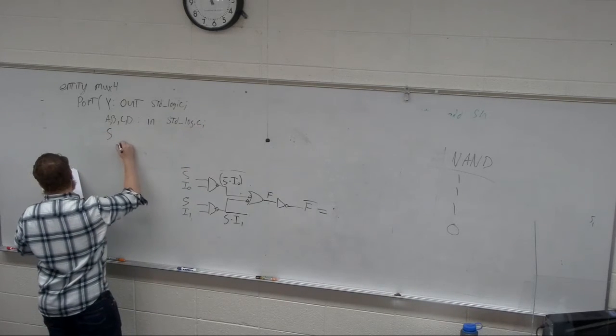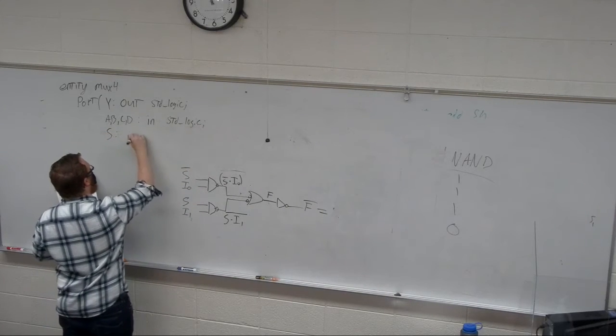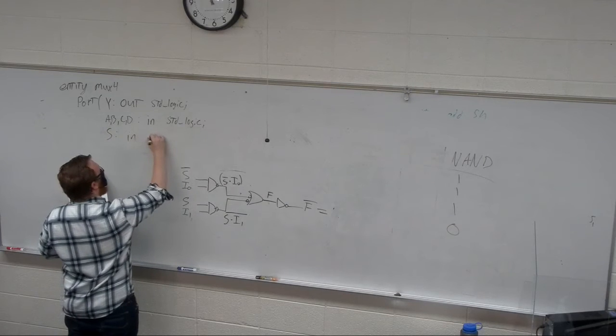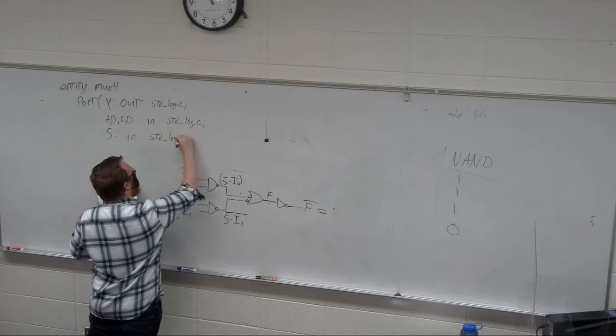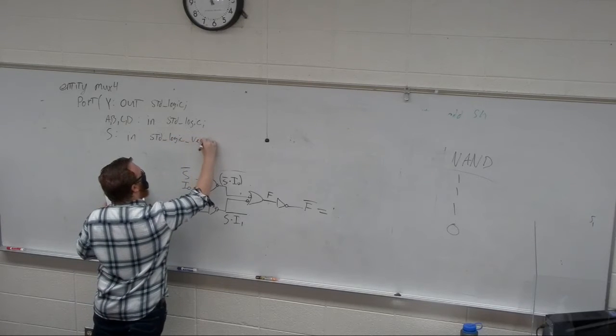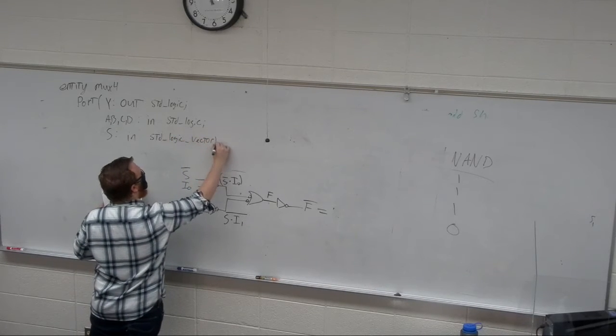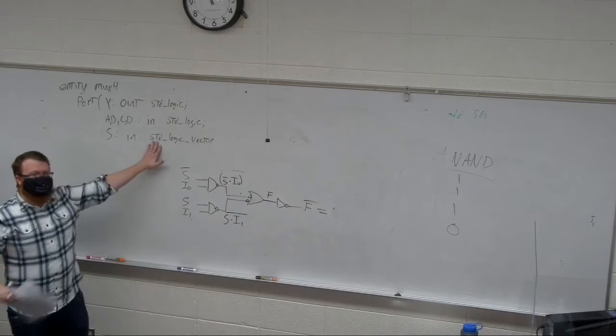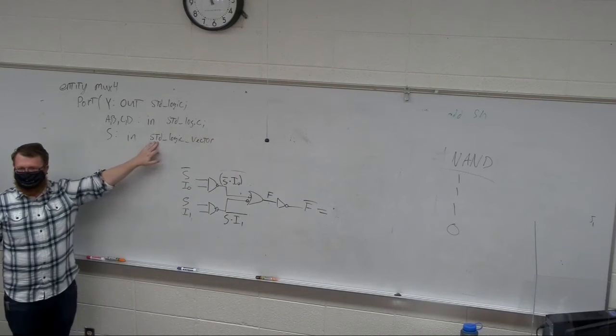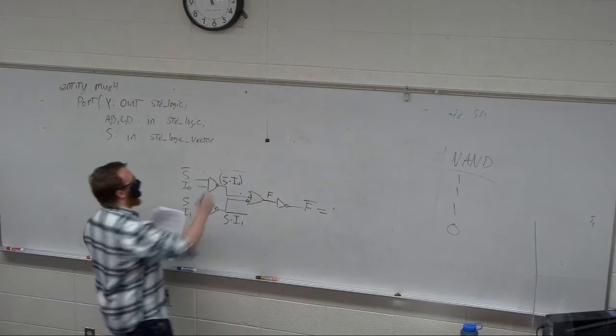And then S is going to also be an input of type standard logic vector. When I create a standard logic vector, what do I have to specify? How many bytes hold this way? Yeah, the size of it.